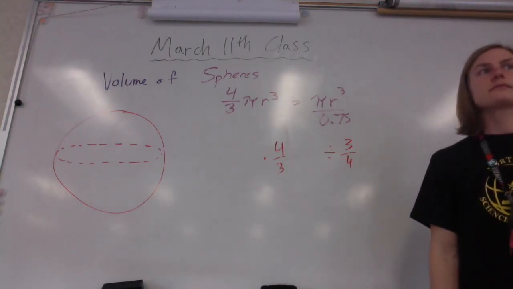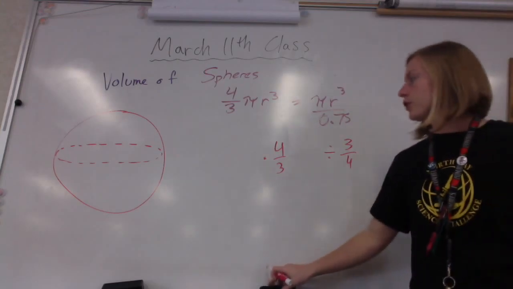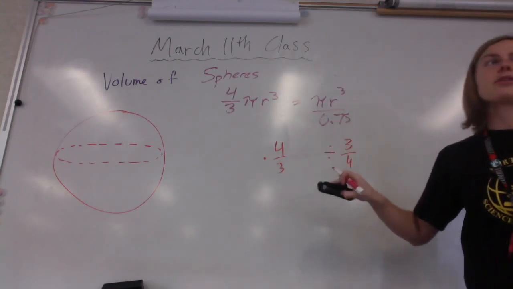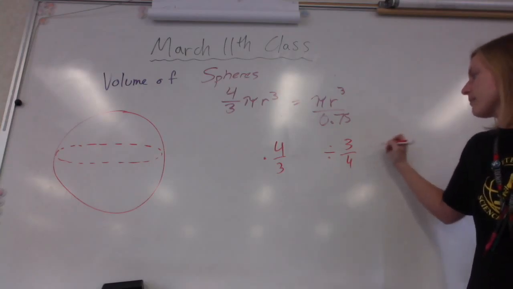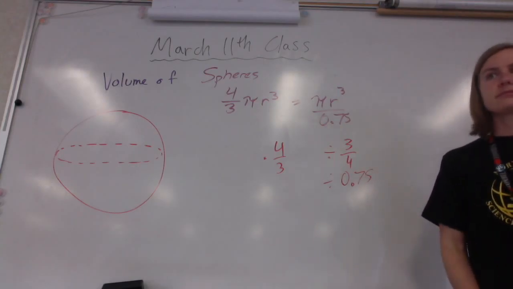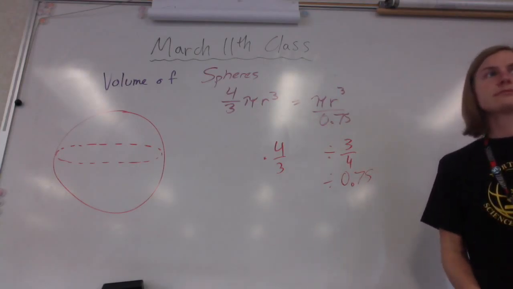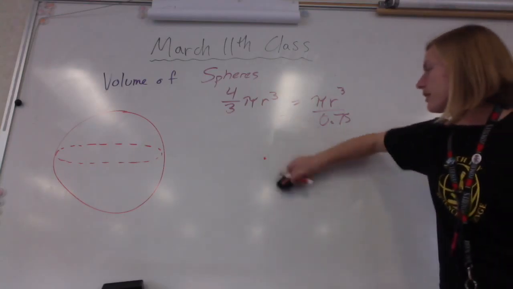And then doing the reciprocal. So you're doing the opposite operation with the reciprocal, and it still works out. But instead of saying you're dividing by 3/4, that's the same thing as dividing by 0.75. Oh, I see. Because when you divide by a smaller number, it's bigger. Yeah. So either one of those is fine.